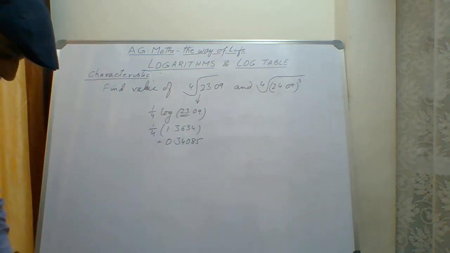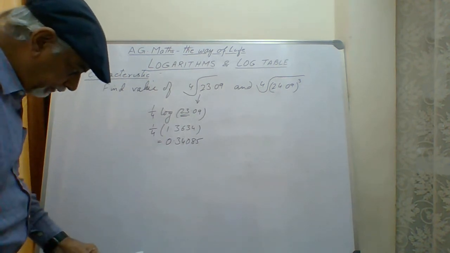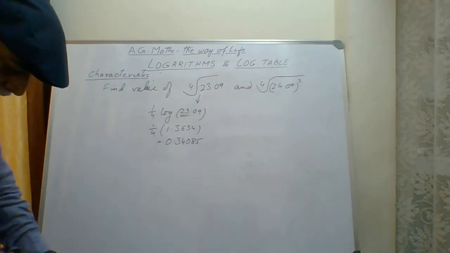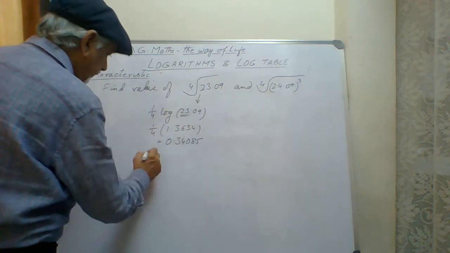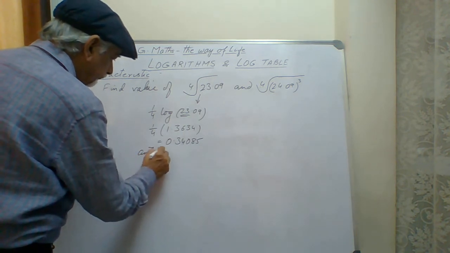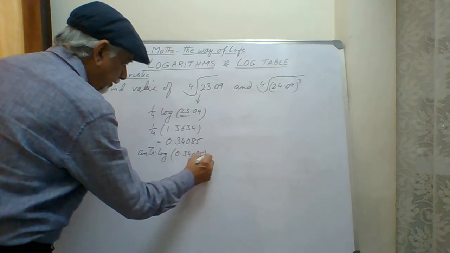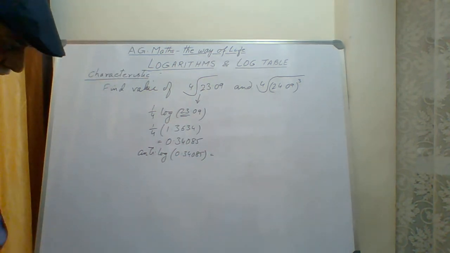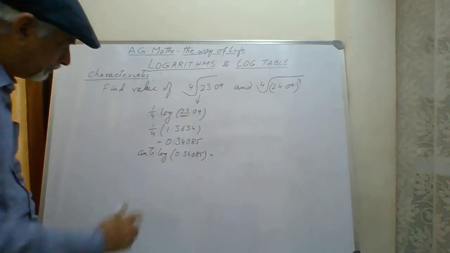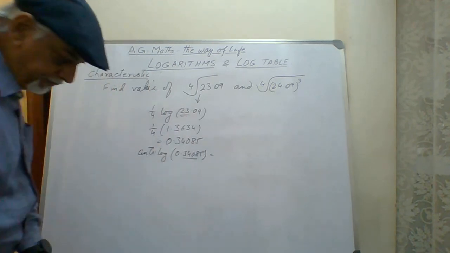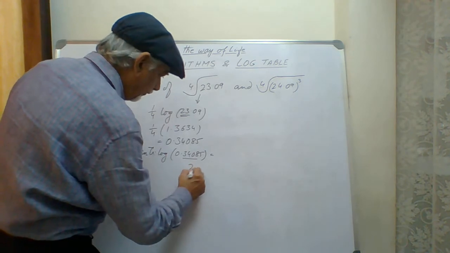Now working for the other part, this is the log value. The antilog of 0.34085 is equal to, look at the antilog table, and only 4 digits will be visible. 3408, the 5 will not be visible, and that 4 digit value is 2193.